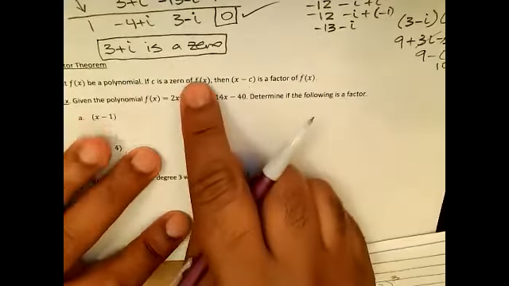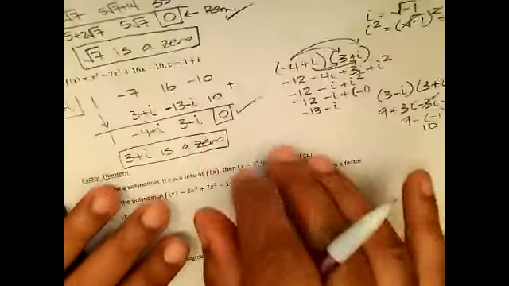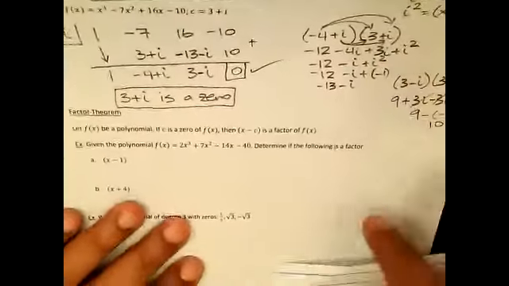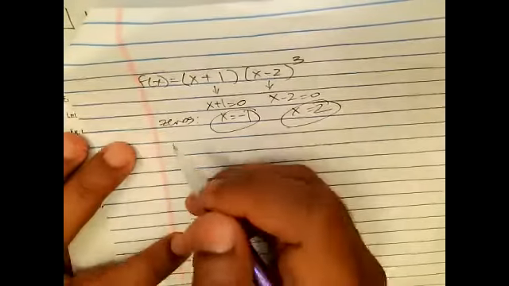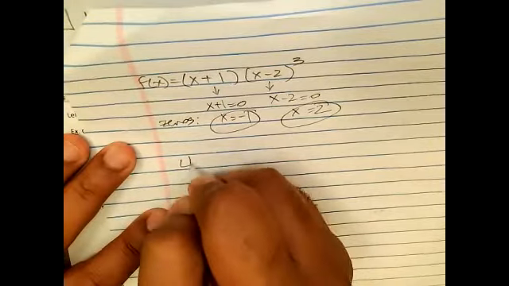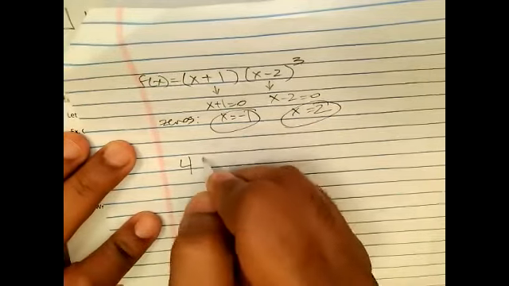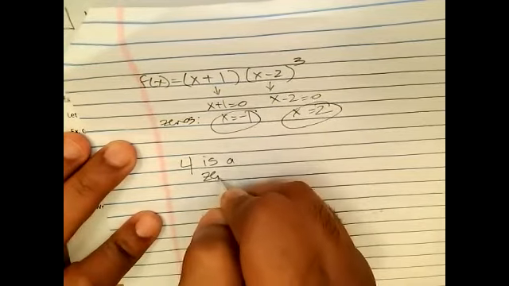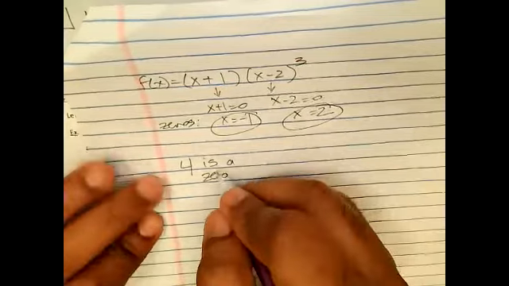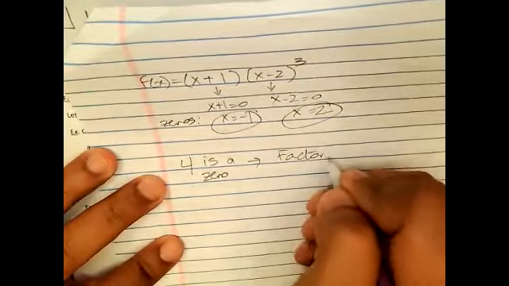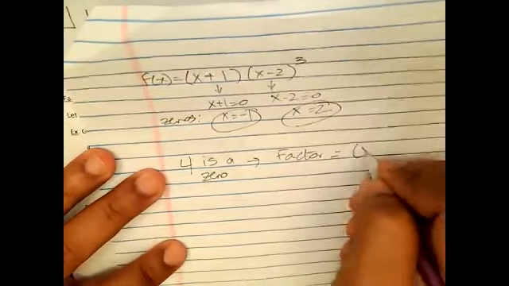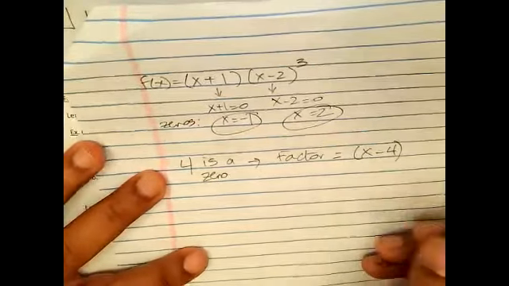So what we've been doing here, we've been talking about how to figure out if a number is a 0. Okay, so let's say I had found out like the number 4 was a 0, for example. So if I knew that 4 was a 0, if I had to write that as a factor, the factor for that would be x minus 4.